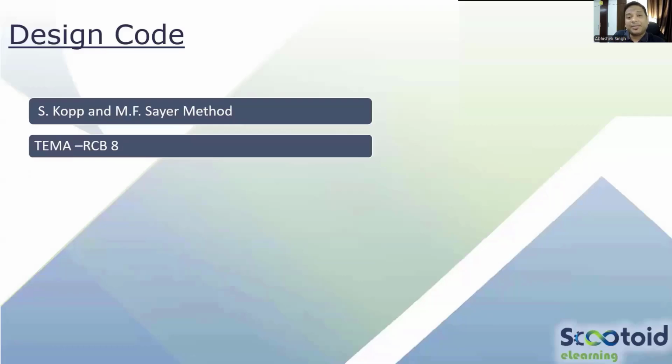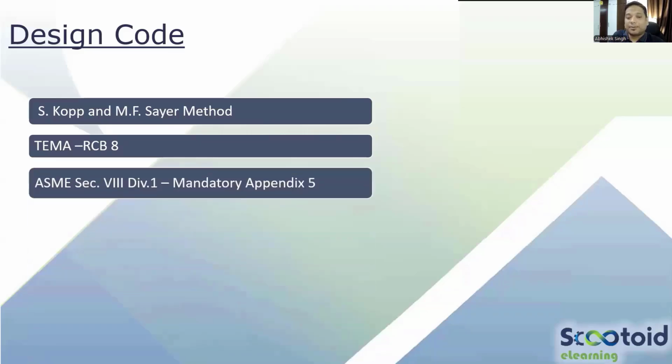And PVElite also gives you these two options for thick bellow. For some reason, they are not printing the result. I don't know why. Only a partial report they are generating. That is the problem of PVElite.